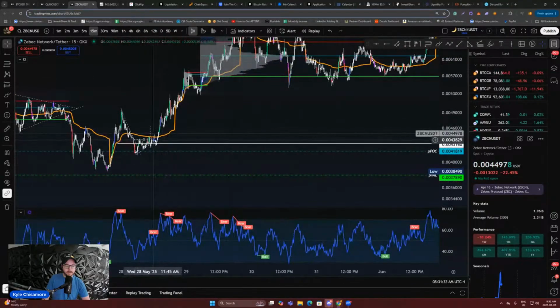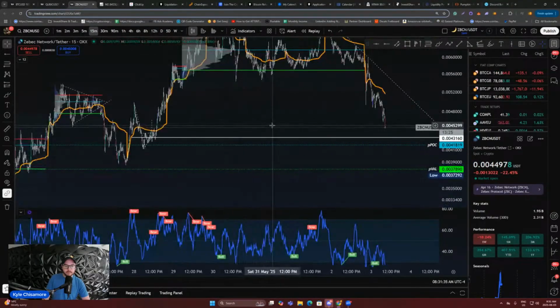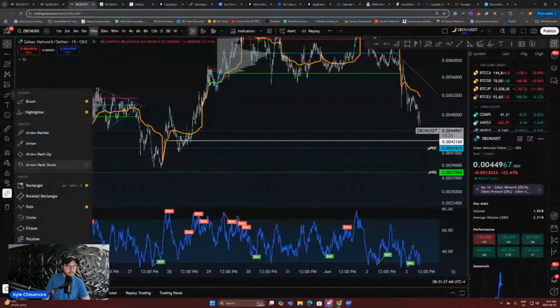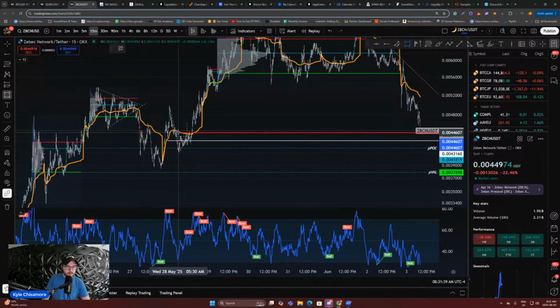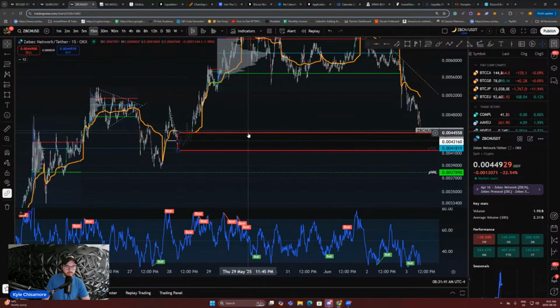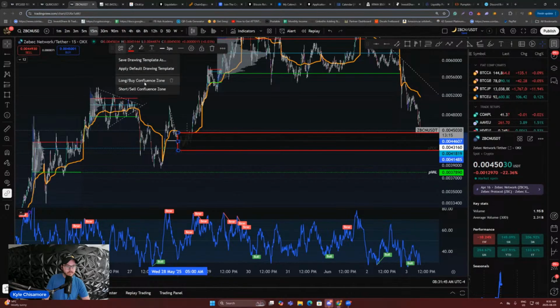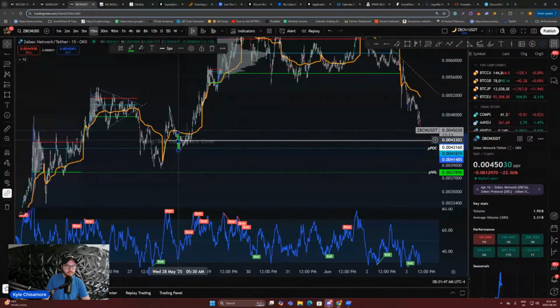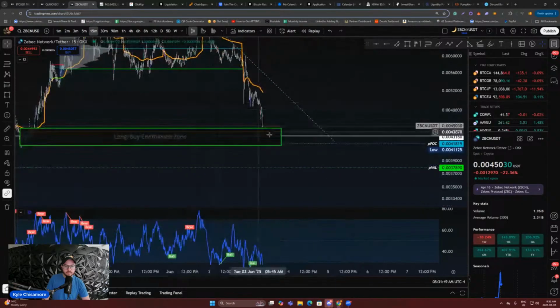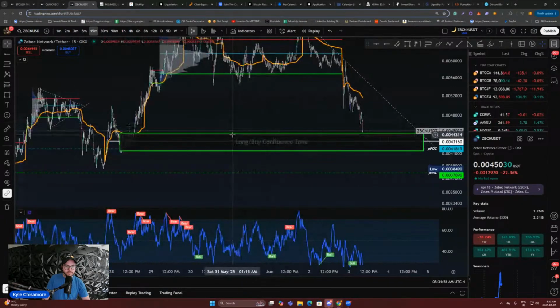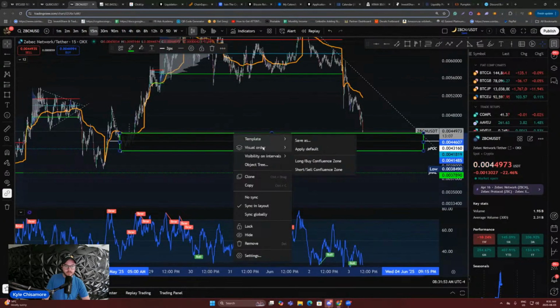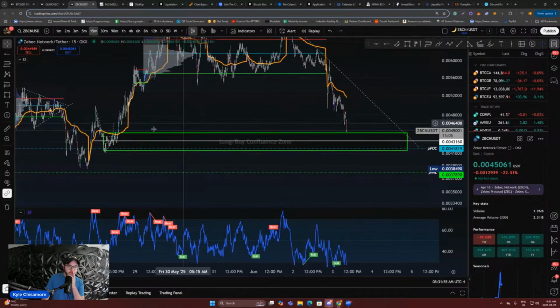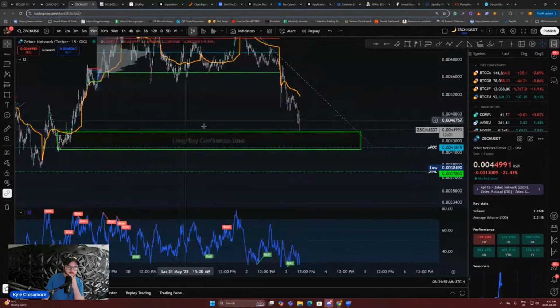There's some demand confluence here, so I'd box this whole level right here. Send it back. There we go. So that's the equilibrium point.